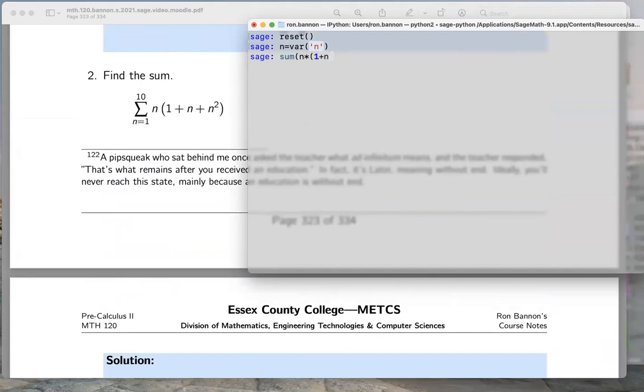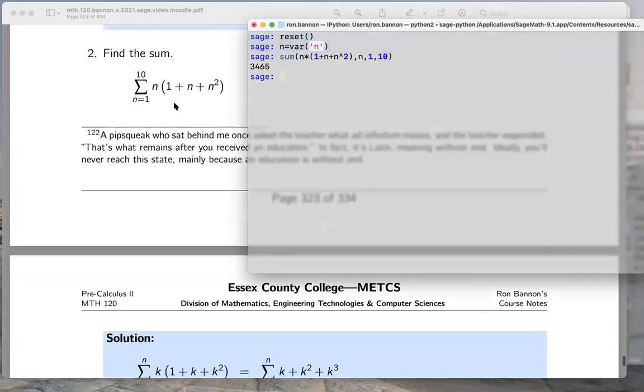All right, comma n, comma 1 up to 10. Let's see what happens. 3,465. I'm going to look back over my notes here and see if I wrote that down. Yeah, I got the same answer, a miracle.